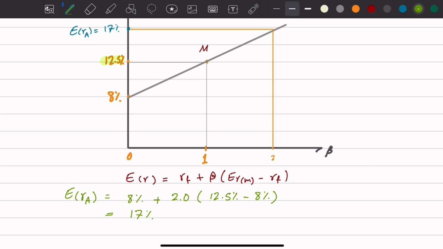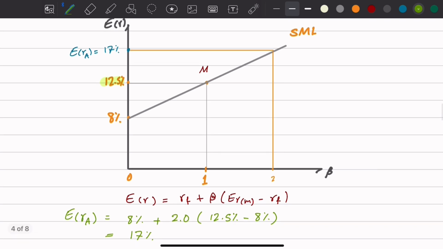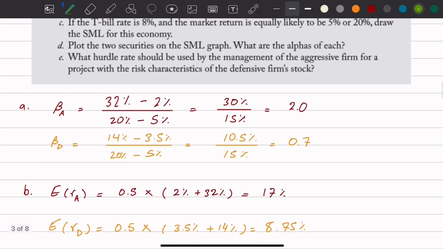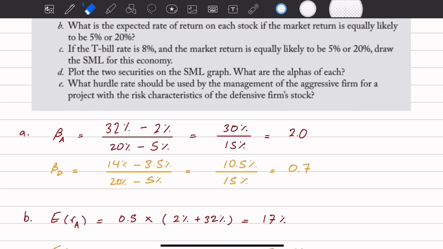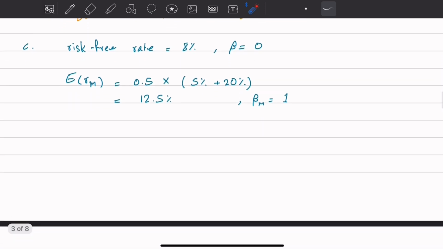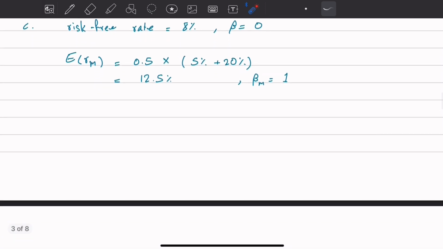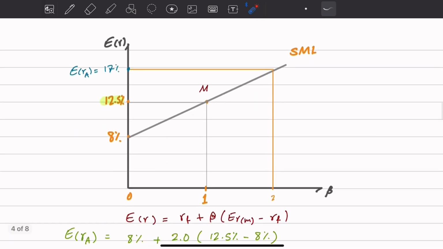Okay, because remember the question here, part D, says plot the two securities on the security market line graph. What are the alphas of each? So for us to find the alphas, we need to see what's the difference, if there was a difference, between the actual expected return and the required return predicted by the capital asset pricing model.